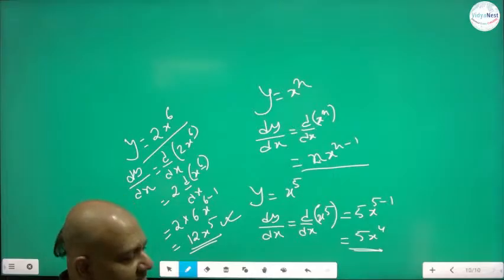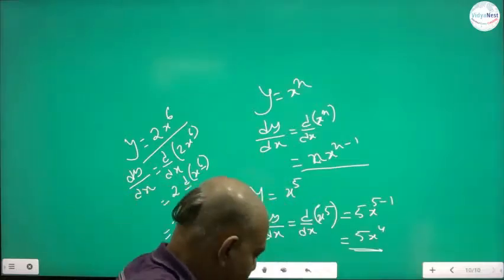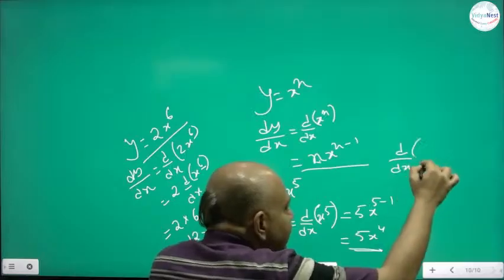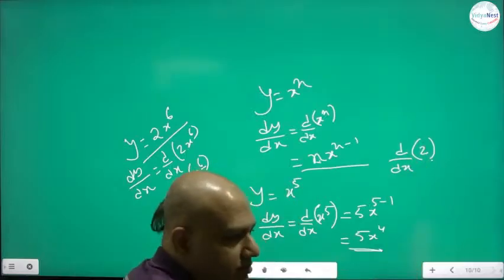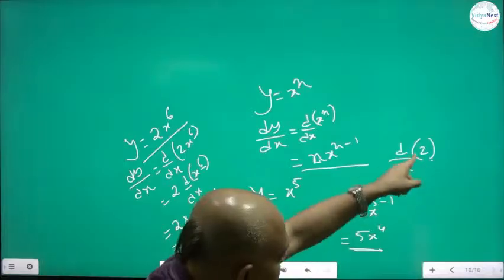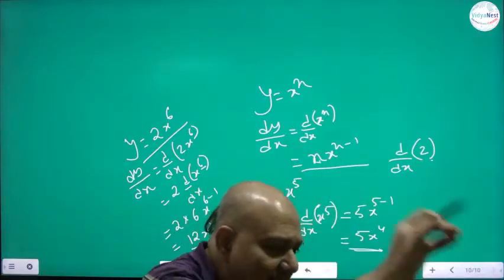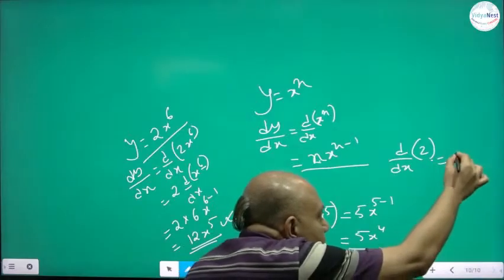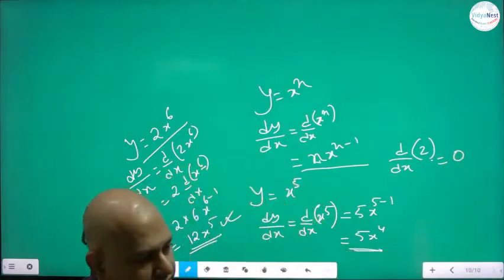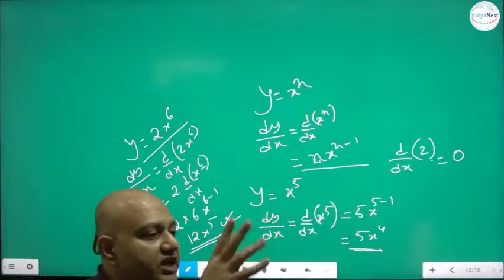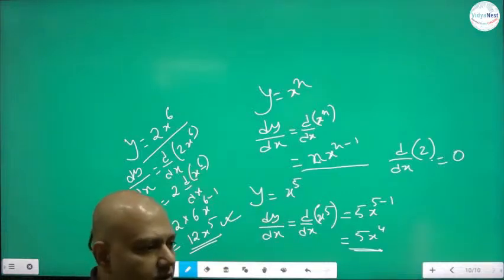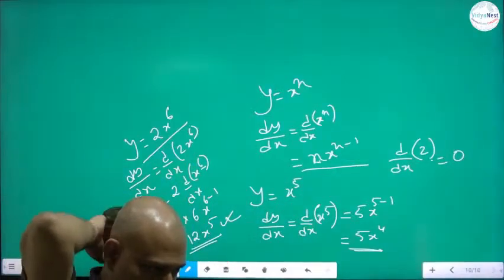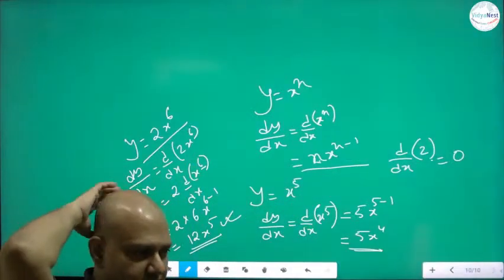Now, Saurabh, if only a constant number is there, suppose I am differentiating 2 with respect to x. Remember every time, if I differentiate a constant number, the result will be 0. Because a constant will never change, the rate of change of a constant will be 0. Check. Very good.